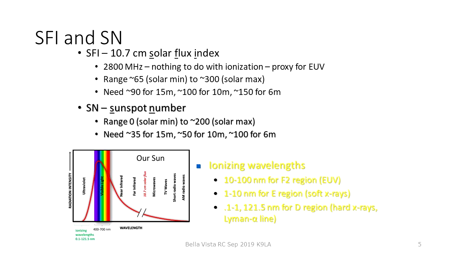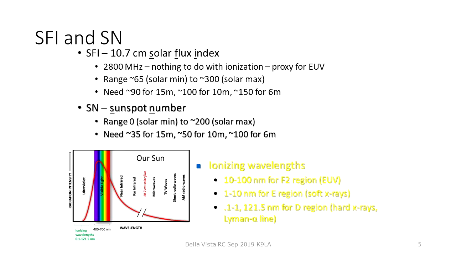So SFI and SN. Well, SFI is the 10.7 centimeter solar flux index. Now, a wavelength of 10.7 centimeters is a frequency of 2,800 megahertz. So that's up there quite a way. Because of the relatively long wavelength of 10.7 centimeters, it has nothing to do with ionization.